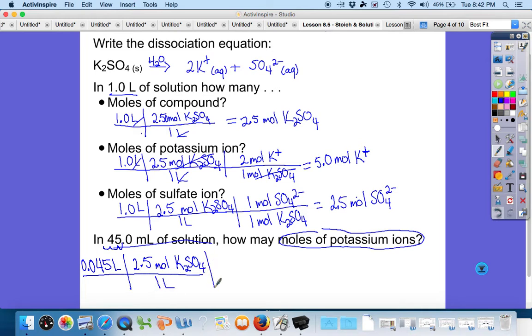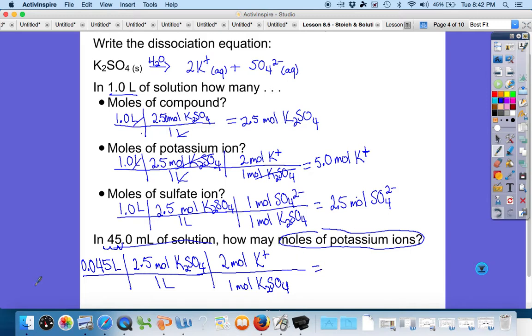Per 1 liter of solution. And then looking at our dissociation equation, we have 1 mole of potassium sulfate, but we have 2 moles of our potassium ions.